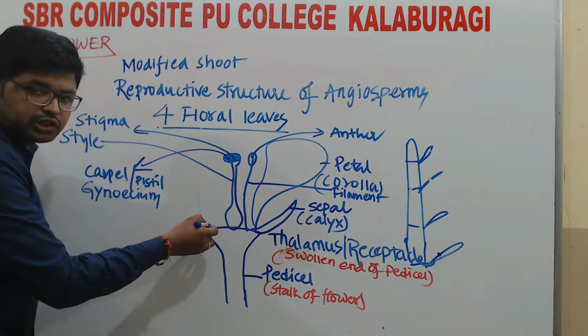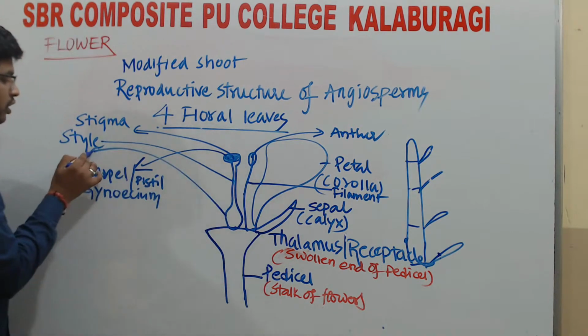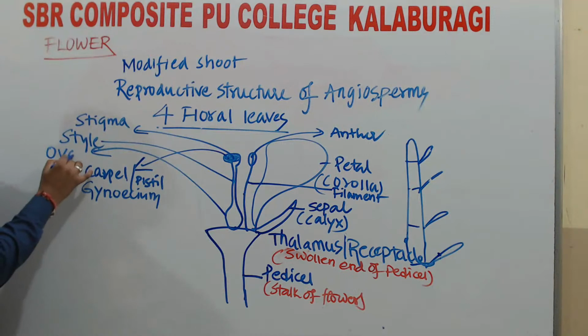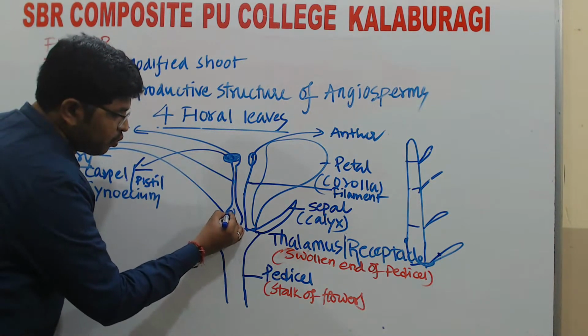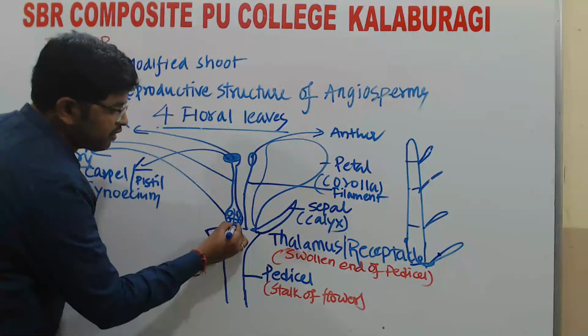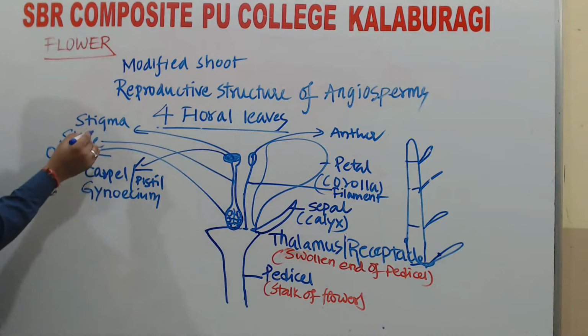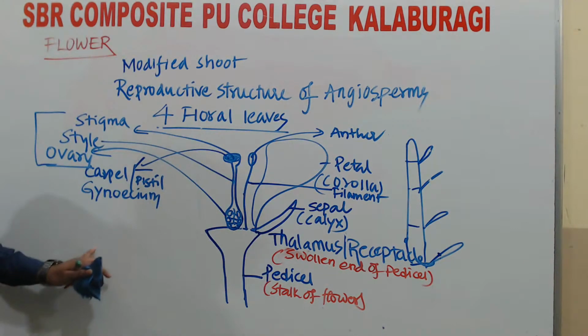The swollen part at the base of the gynoecium we call the ovary, where the ovules are found inside. So style, stigma, and ovary are the parts of the carpel, and the collection of carpels we call the gynoecium.